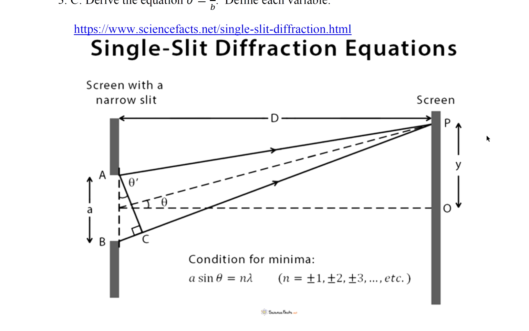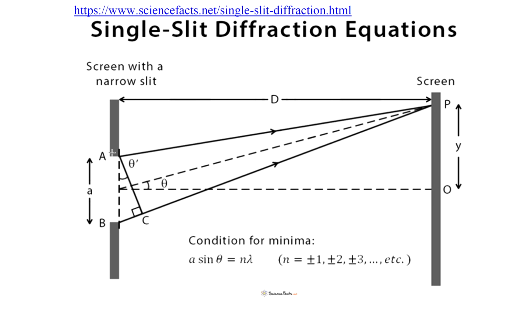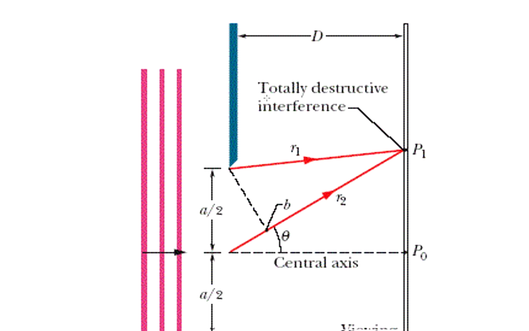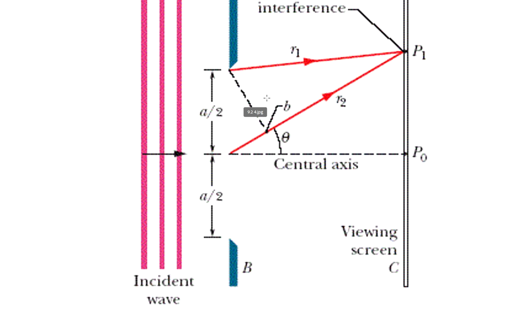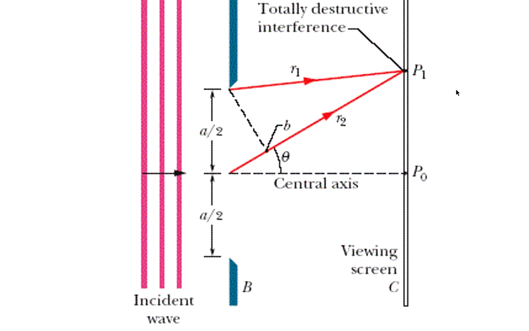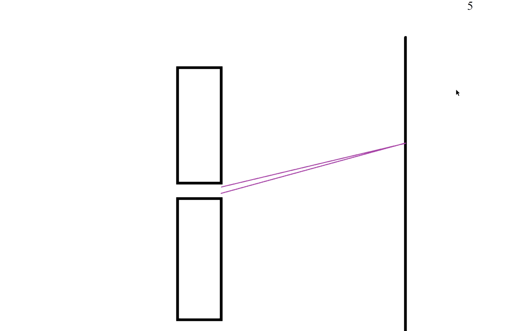Okay, so check this out. These lines AP and BP are almost parallel to each other if the distance between the screen and the slit, big D, is big. This is not a good image, but this is better.